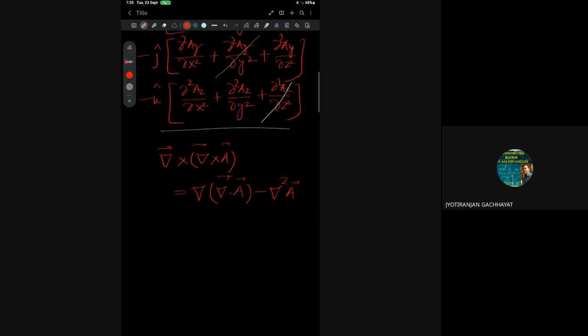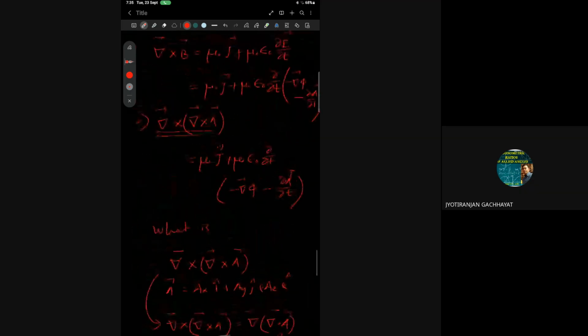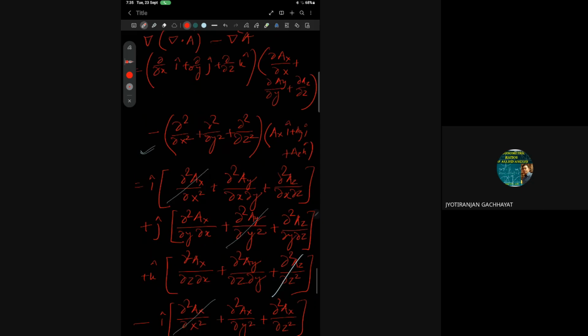Now what I had written in this equation: del cross B is equal to mu 0 j plus mu 0 epsilon naught del by del t of minus del phi minus del a by del t. Let me write that again.